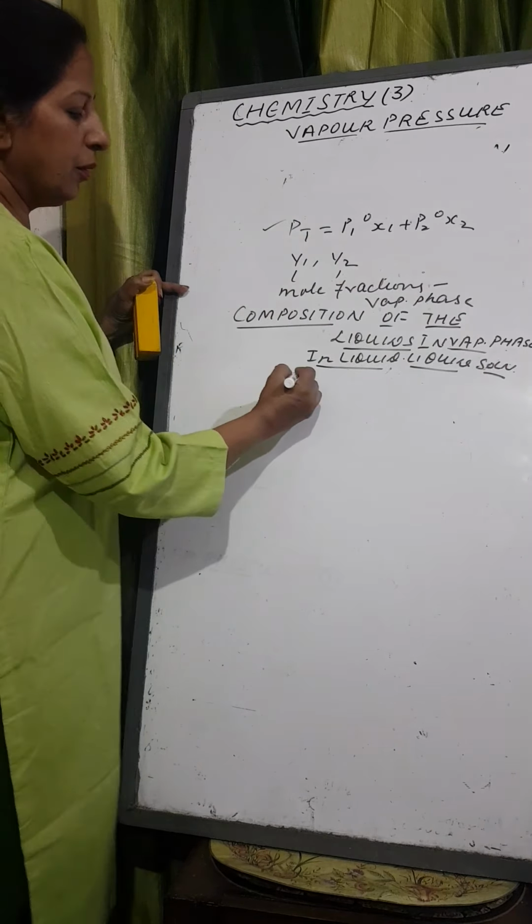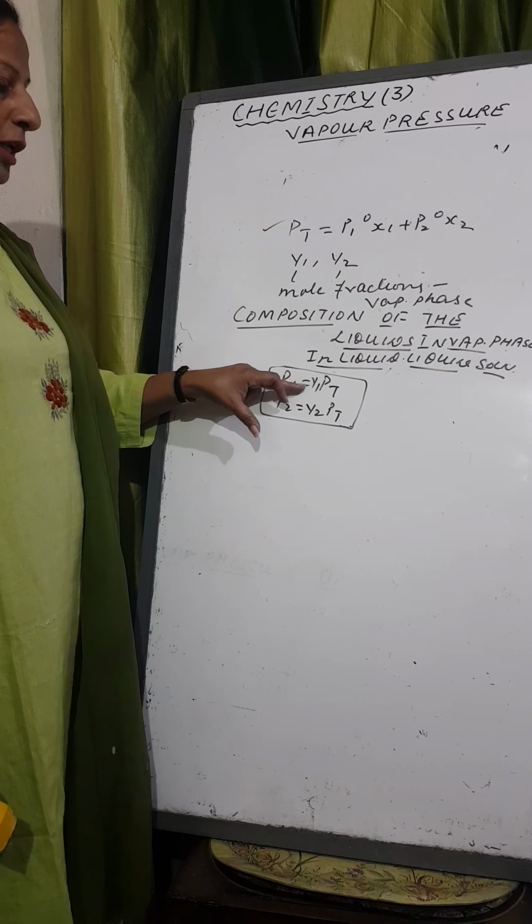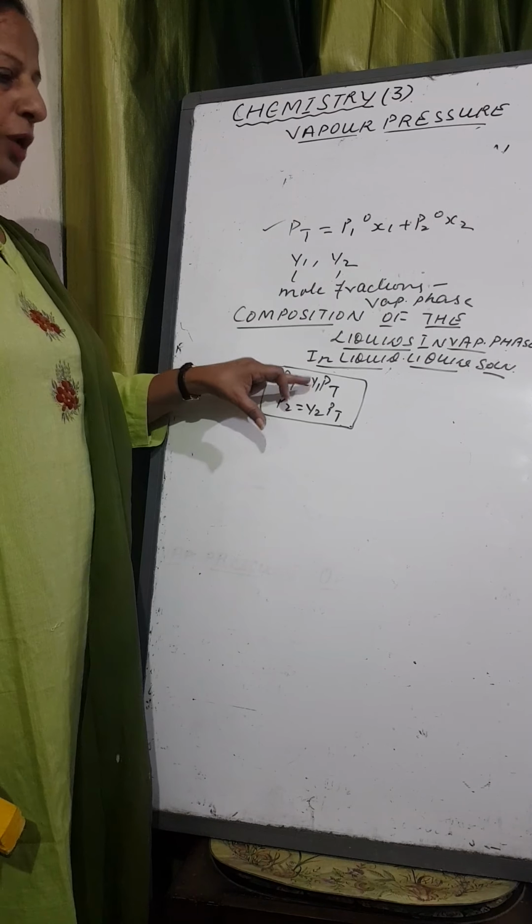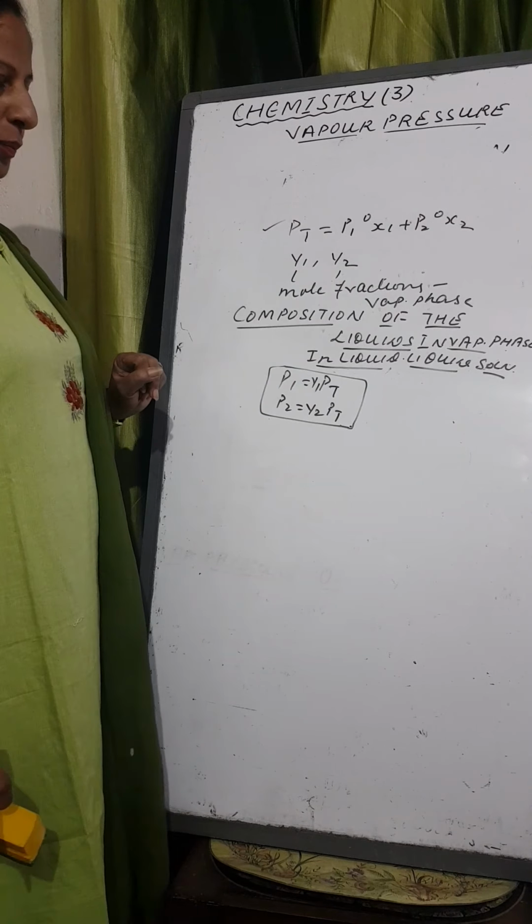So P1 equals P total into Y1 and P2 equals Y2 into P total. This is using Dalton's law. So with the help of this, we can find out the composition of the two liquids in the vapor phase.